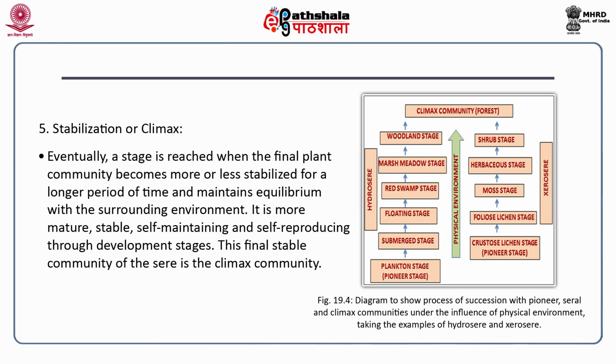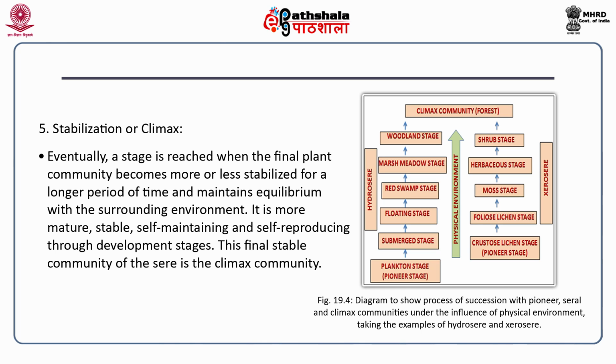The second, in case of lithosere: the crustose lichen stage is the pioneer stage, then the foliose lichen stage, then the moss stage, then the herbaceous stage, then the shrub stage, and finally the climax community, that is a forest.